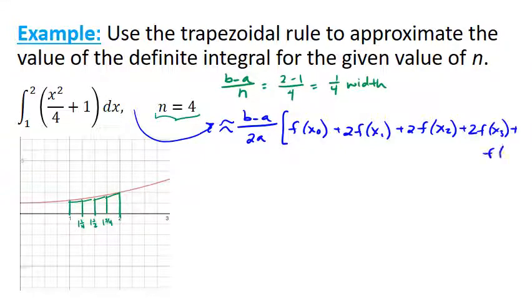Sorry, I have run out of room. All right, so this is the height of x sub 0, and then x sub 1 is shared here and here. So that's why that height is doubled. Same for this height and this height. So 3 of them are doubled in this case.